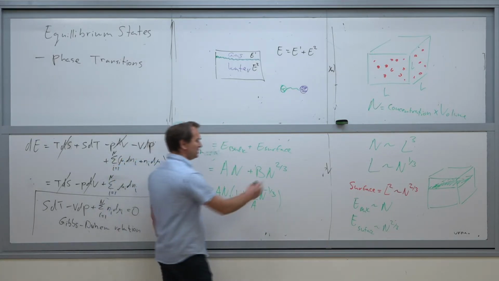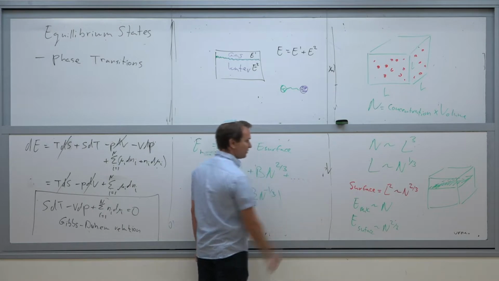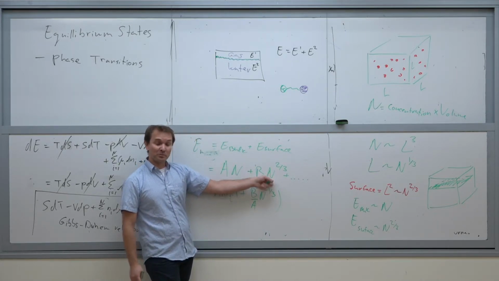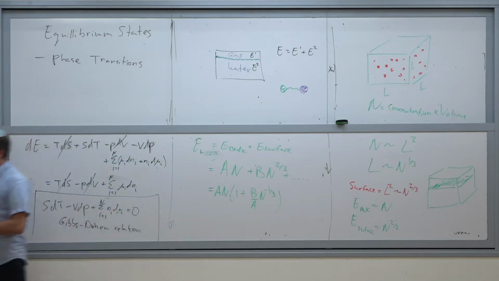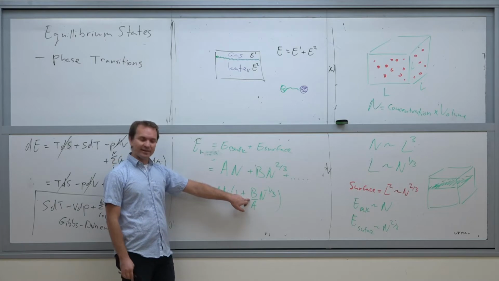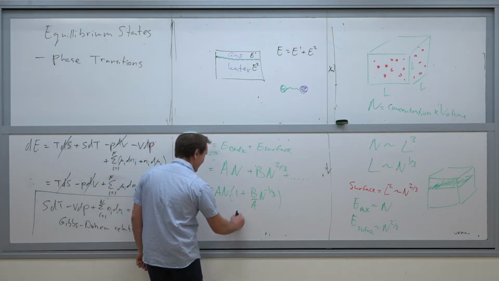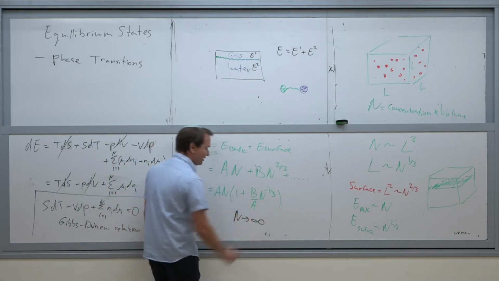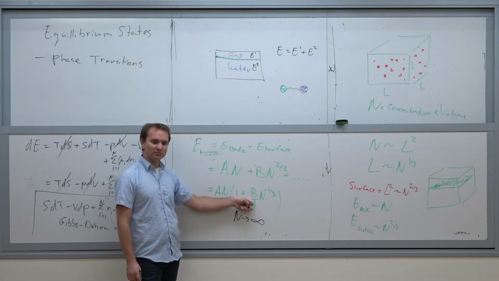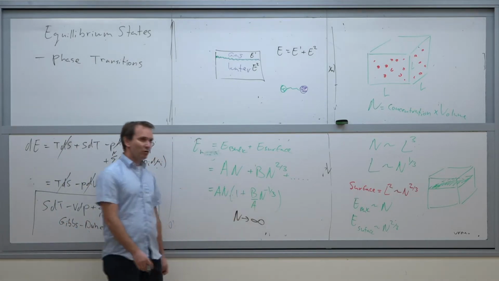And maybe I have some additional corrections, but those additional corrections go with n with an even smaller power. Okay, this is like a dimensionality claim. I don't really care, as n goes to infinity, what this constant is. Okay? Now think about it.